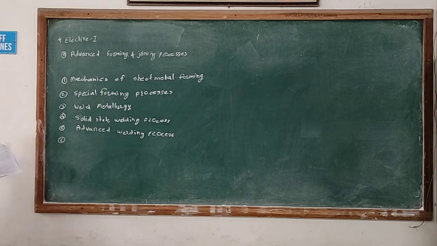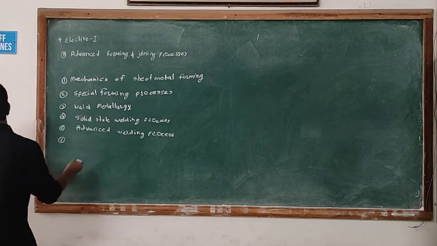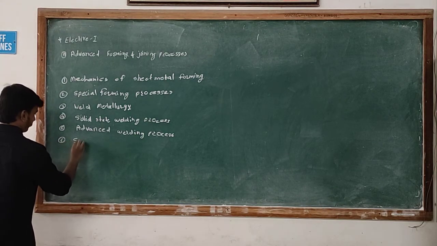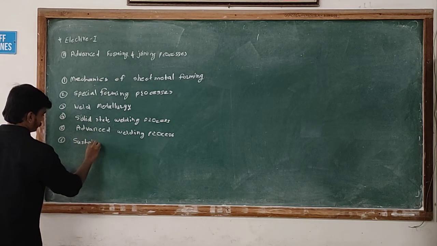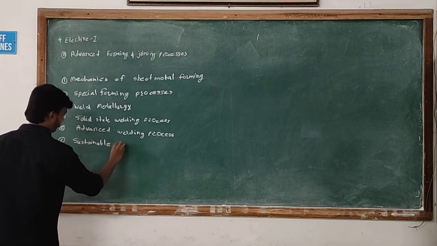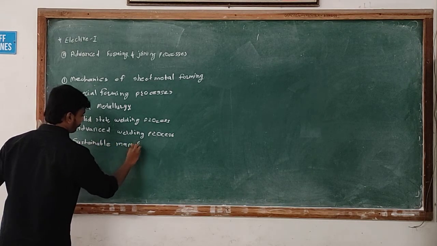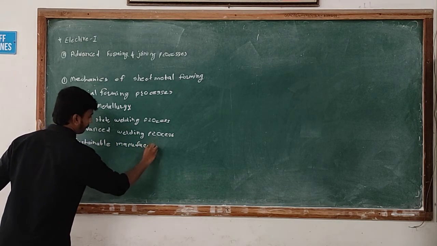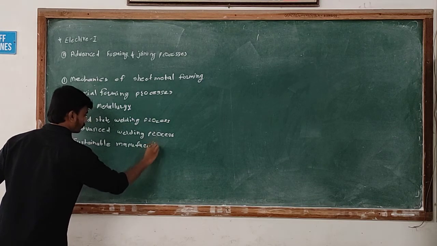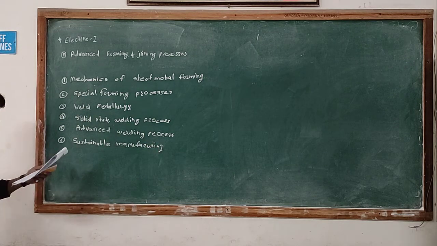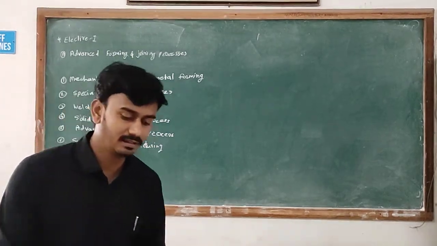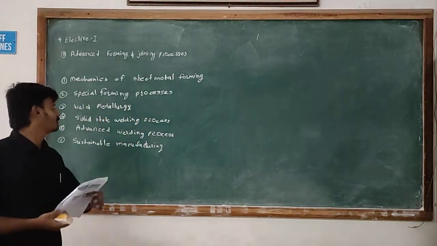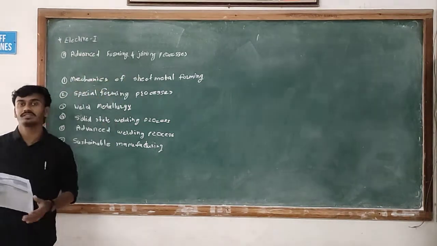And the sixth unit is sustainable manufacturing. All these are the 6 units of this advanced forming and joining process.